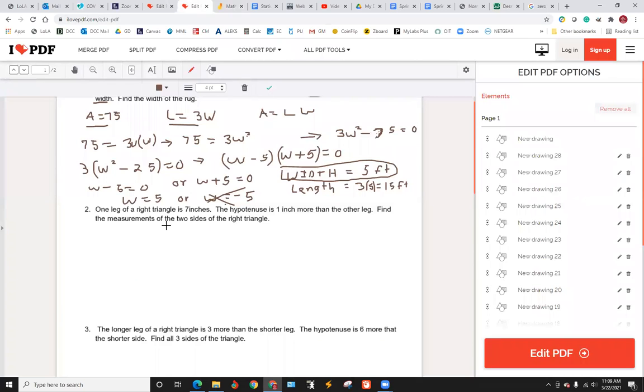Now, one of the things you got to remember about right triangles, and a right triangle is just one. Let's see if I can draw. Right triangle is like this.